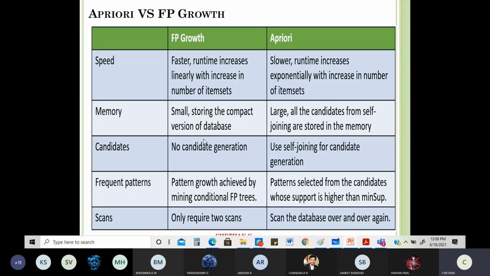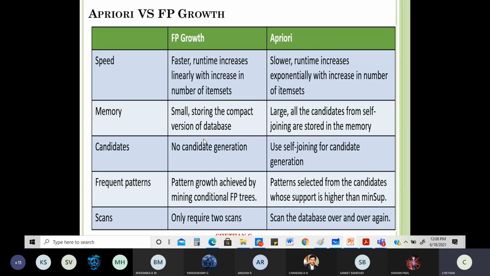What is the next thing? The frequent patterns. In FP growth, pattern growth is achieved by mining conditional FP trees. That is something that you got to know. In FP growth, we do trees, and based on that we try to do it.